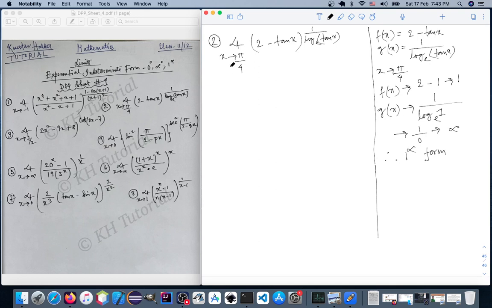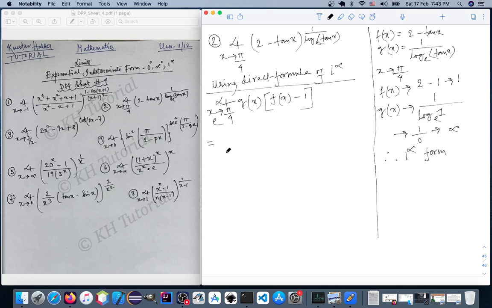So now we directly use the formula of 1 to the power infinity. We know the result is e to the power limit of g(x) into (f(x) minus 1).